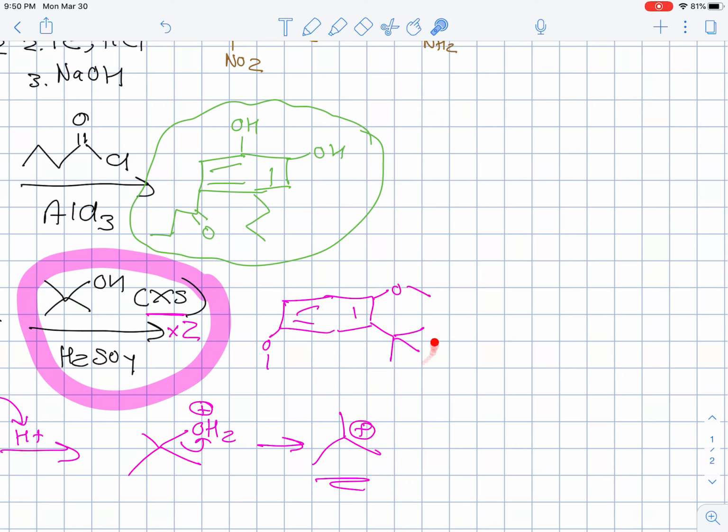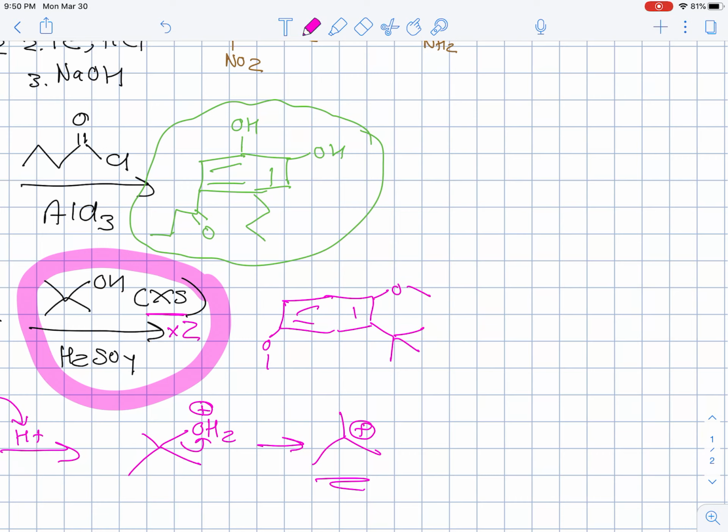And so what we're going to have to do is use the alkyl group as a tiebreaker. If we look at the alkyl group, this is going to be the better choice, and it definitely gives us the major product because we've been doing this lab for years and years. The major product is going to be one where the second tert-butyl group goes here, and that's because the tert-butyl group acts as a tiebreaker.